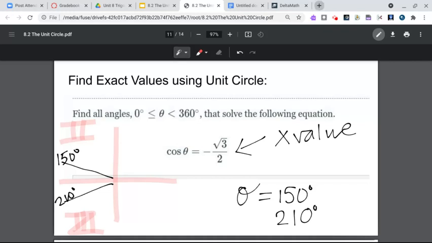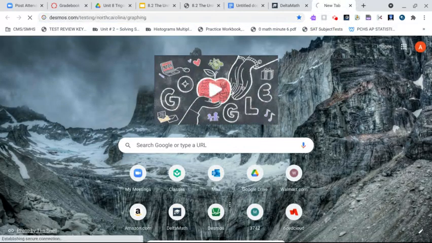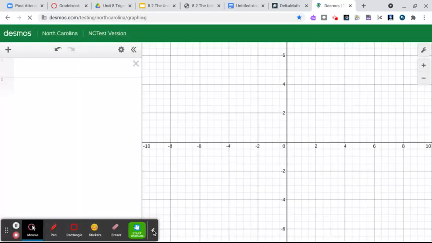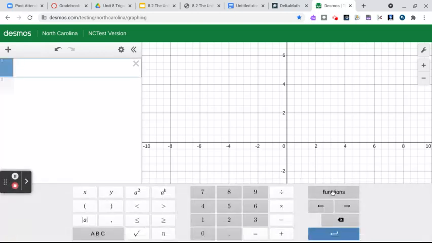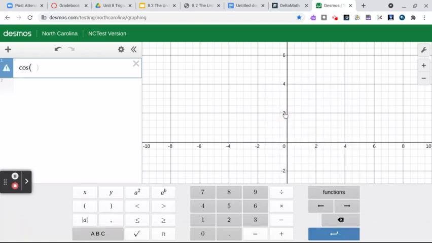Okay, so in Desmos, I'm going to go to functions and I'm going to go to cosine. We said 150.